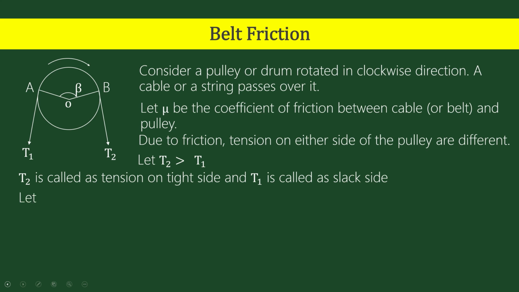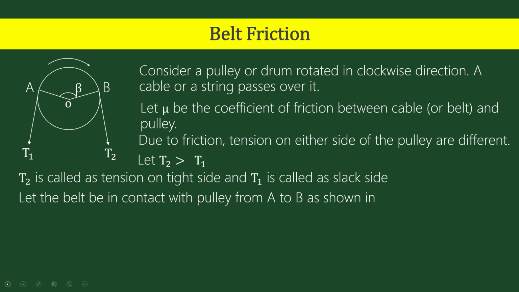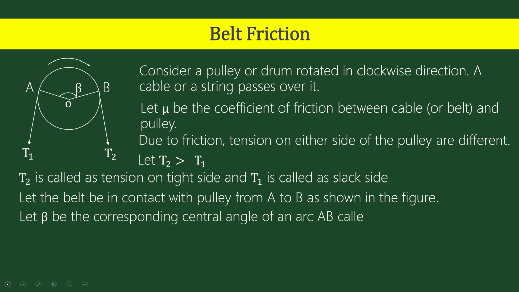Let the belt be in contact with the pulley from A to B as shown in the figure. Observe that there is contact between the belt and pulley only from A to B. That angle is denoted by beta, and this beta is nothing but the corresponding central angle of that arc, and that angle is called the lap angle.